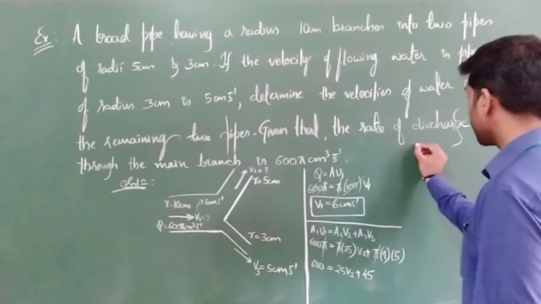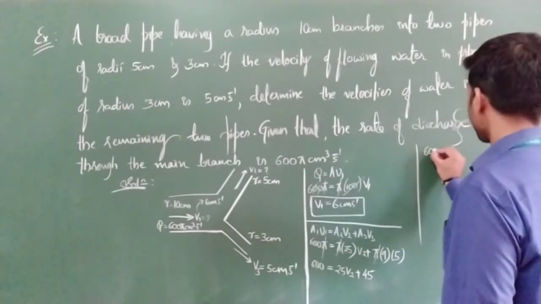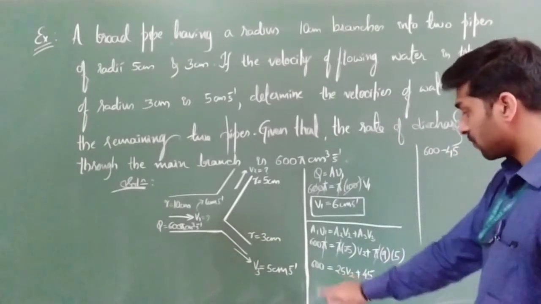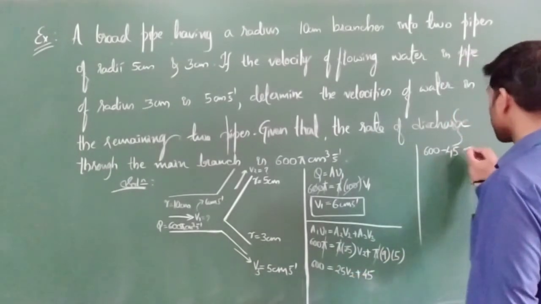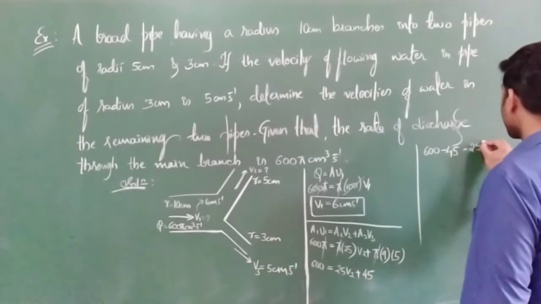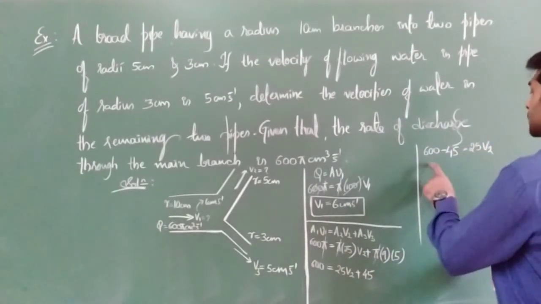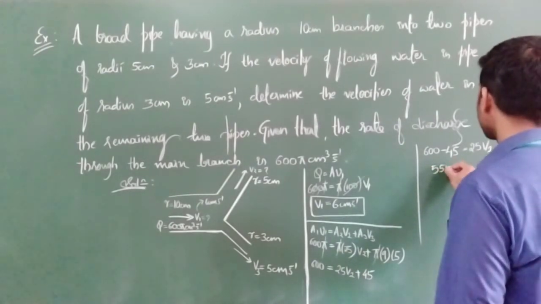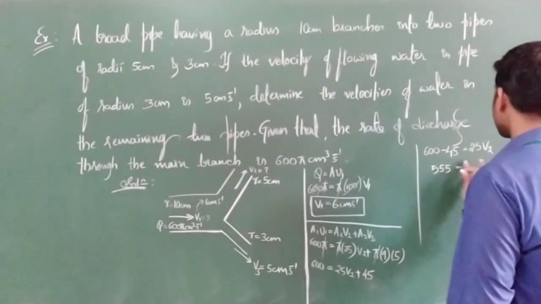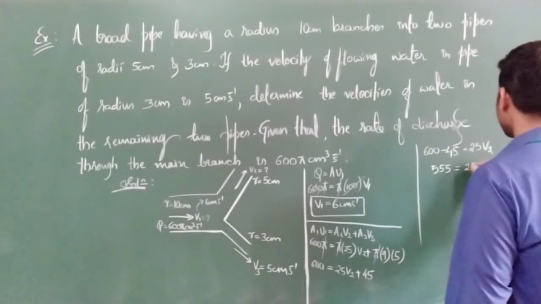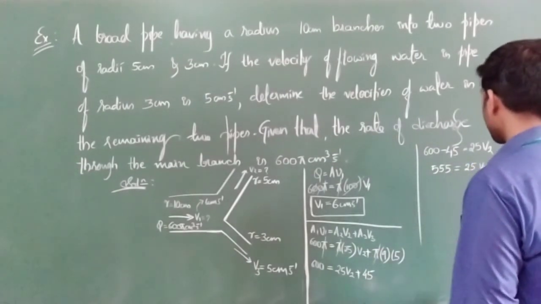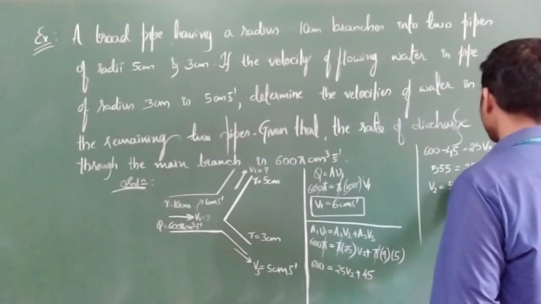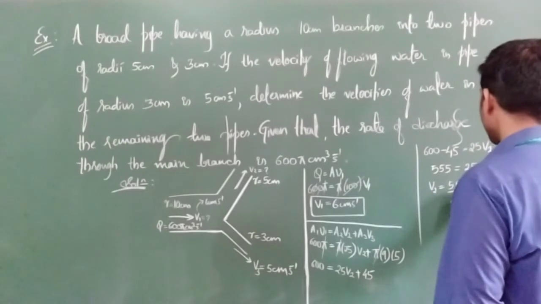So what is remaining here? 600 minus 45, correct? 600 minus 45 is equal to 25 V2. 600 minus 45, how much will it be? 555 is equal to 25 V2. Clear? So V2 is equal to finally 555 whole divided by 25.